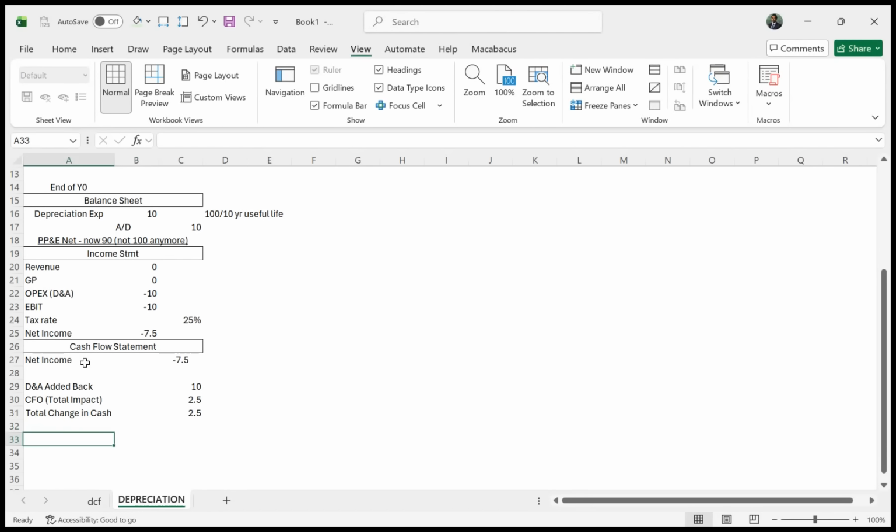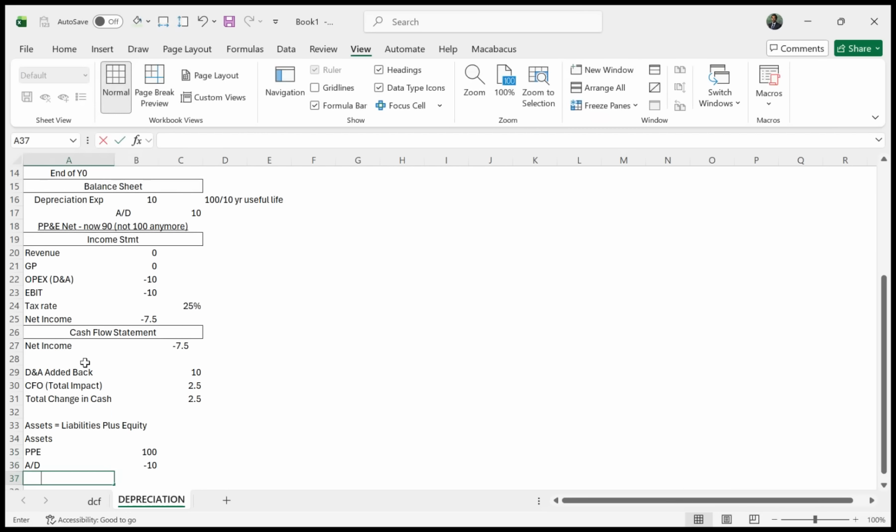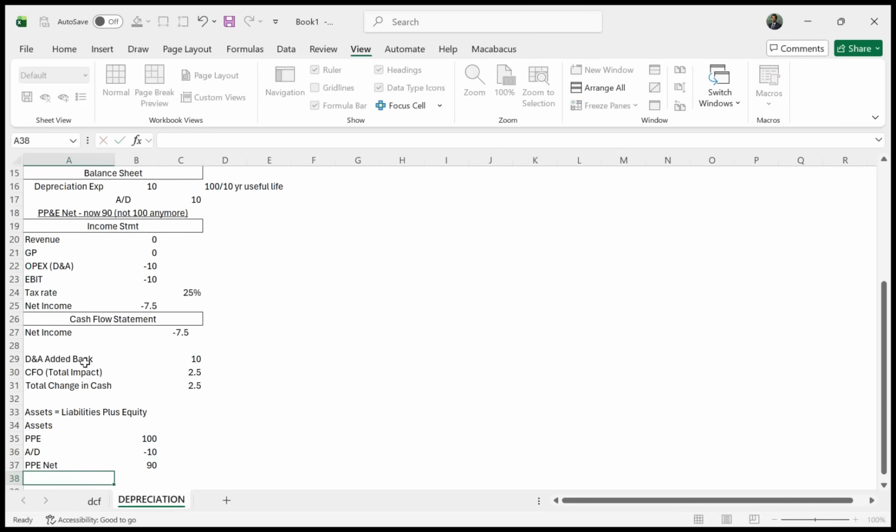So let's look at assets equals liabilities plus equity. On the asset side, where are we now? PP&E was 100. Accumulated depreciation we did up there, negative 10. That's your PP&E net. Cash, what did we just say? Cash is up by 2.5, correct?